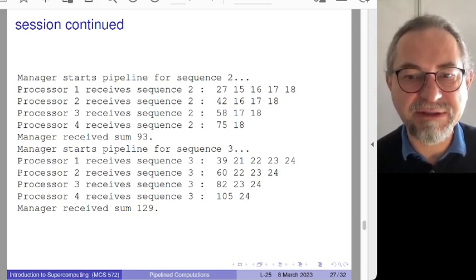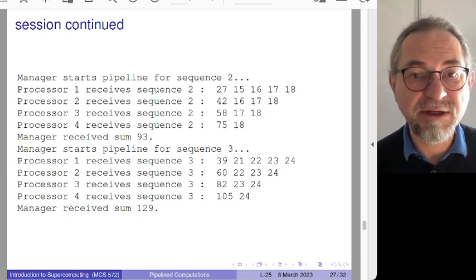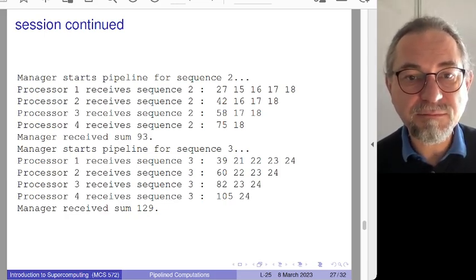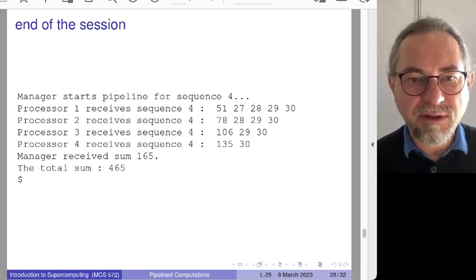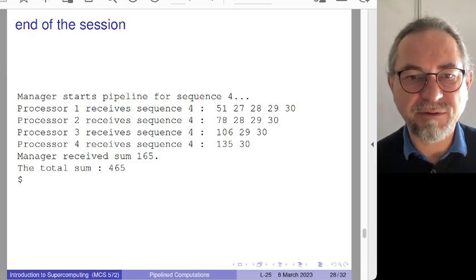So we have the sequences. This is synchronized. The numbers that are passed, we have these subsums that are passing, and at the end we have the final sum.